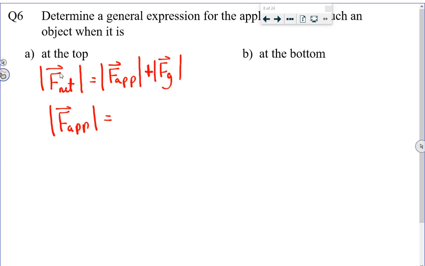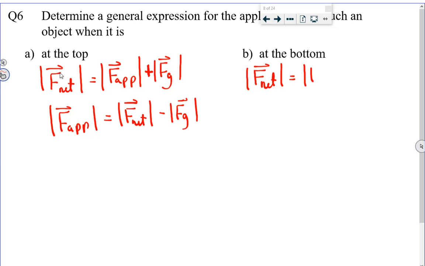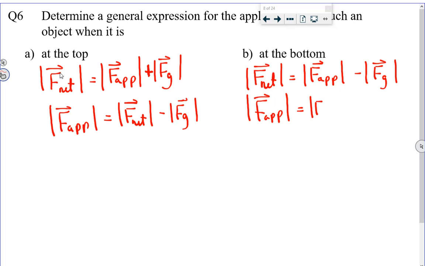When it's at the top, you take the net force, which is mv squared over r, minus the force due to gravity. When it's at the bottom, in the diagram on the left, F net equals the applied force magnitude minus the force due to gravity's magnitude, which means the applied force at the bottom is equal to the net force plus the force due to gravity.